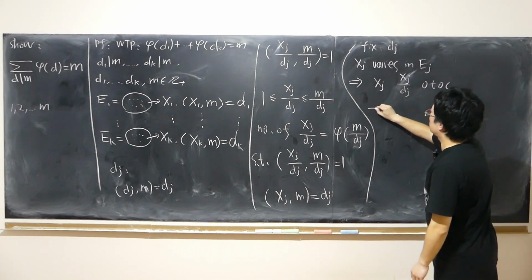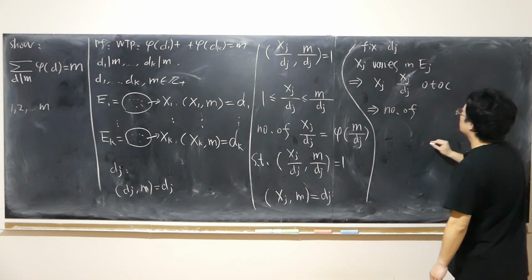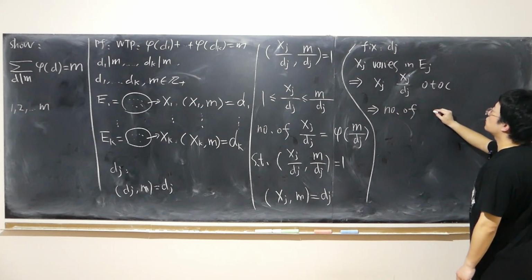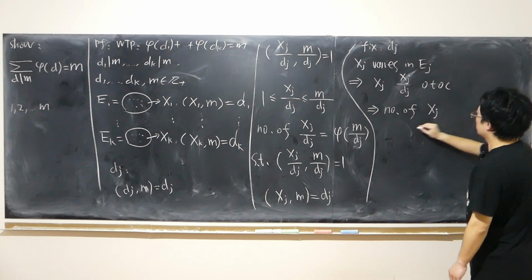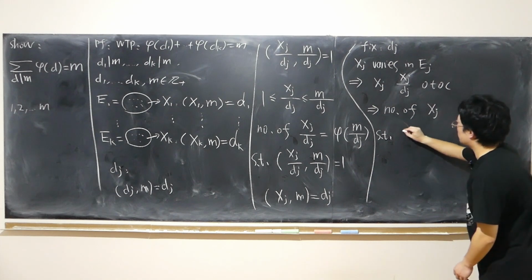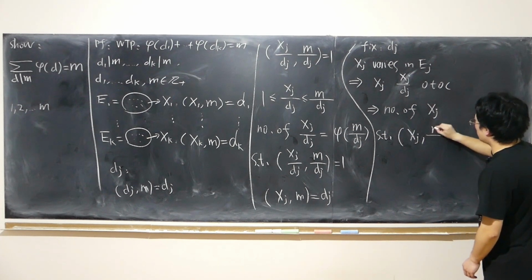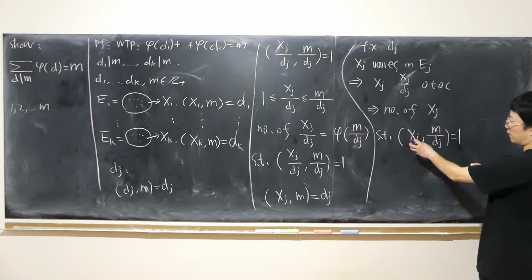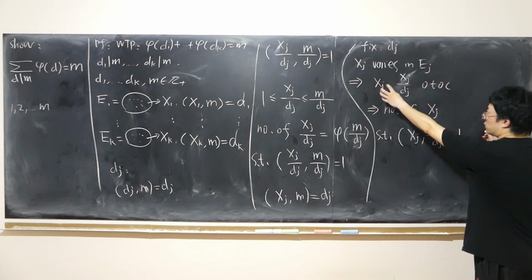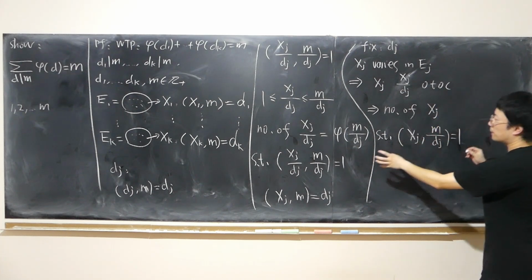Which means the number of elements xj so that xj and m over dj are coprime. How many of them are there? Because like I said, xj and xj over dj are one-to-one correspondent.